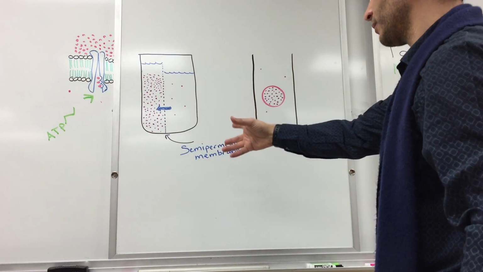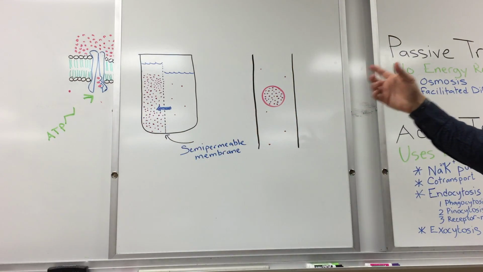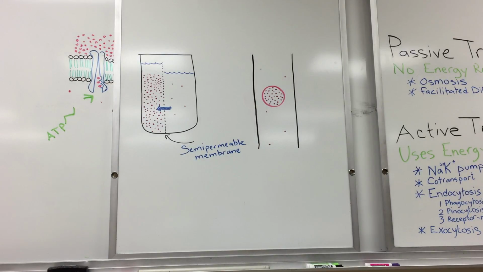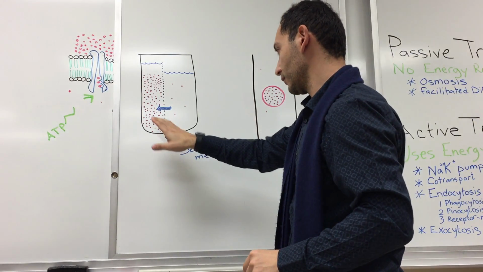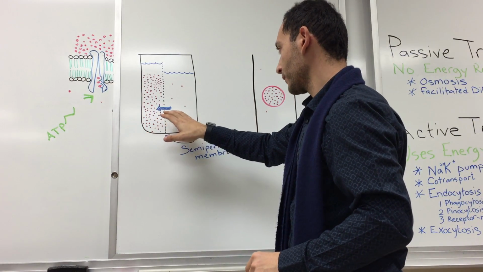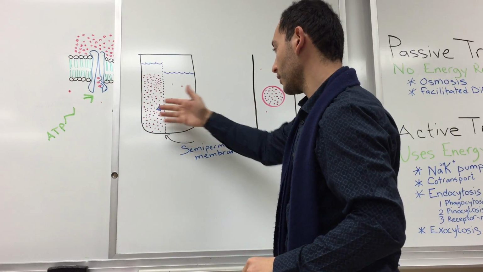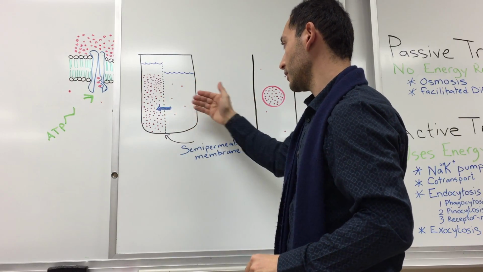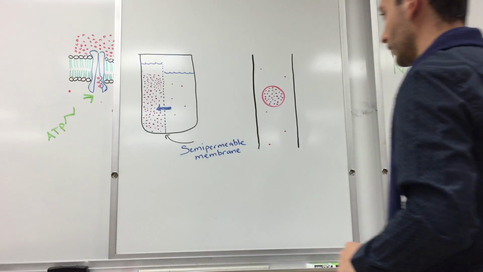This is an example of diffusion, and more specifically osmosis, the movement of water across a membrane. And this requires no energy, because water does not require energy to move across the membrane.